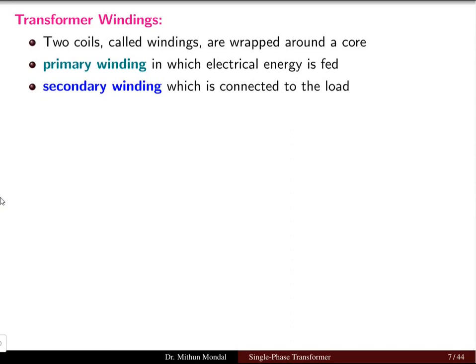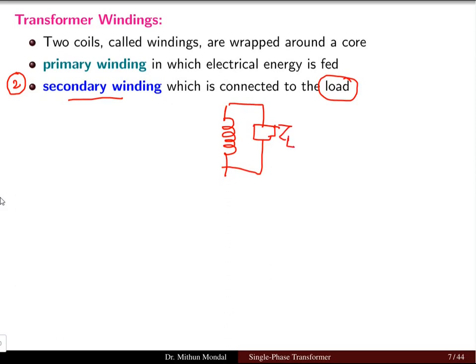Whereas the second winding, the secondary winding, is basically connected with the load. If we talk about the other winding, which is connected with the load ZL, that is the impedance of the load, then this winding is known as the secondary winding.